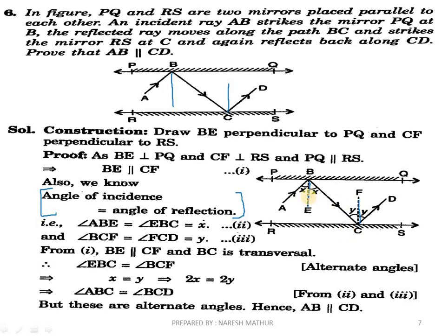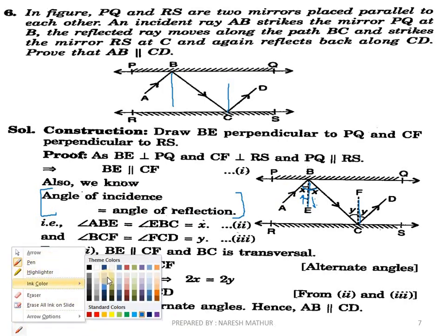Now let's say this whole angle be 2x, or we can write angle x and angle x. Why are we writing these two angles the same? Because the angle of incidence is always equal to the angle of reflection. This is the angle of incidence and this one is the angle of reflection.